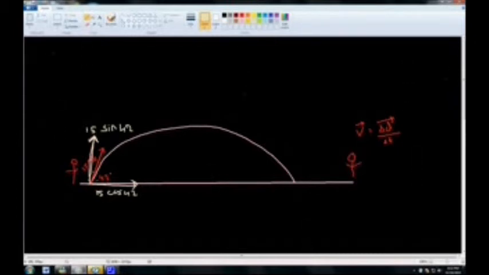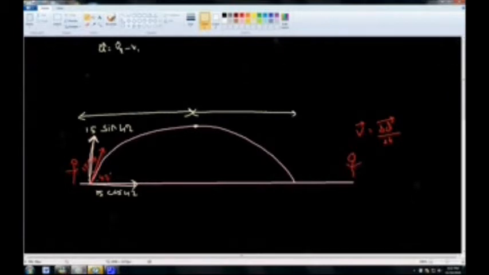You need to find the time. First we'll find the time till here, and then multiply it by 2 to get the total time right here. So what equation do you think we can use? We have the acceleration, velocity, and we need to find the time. So we use the basic equation: acceleration equals final velocity minus initial velocity over delta t.